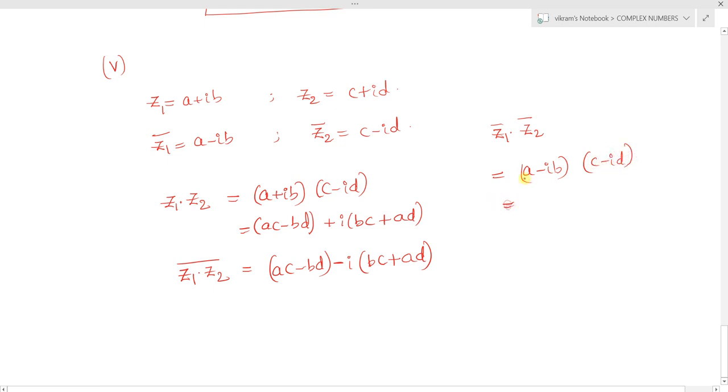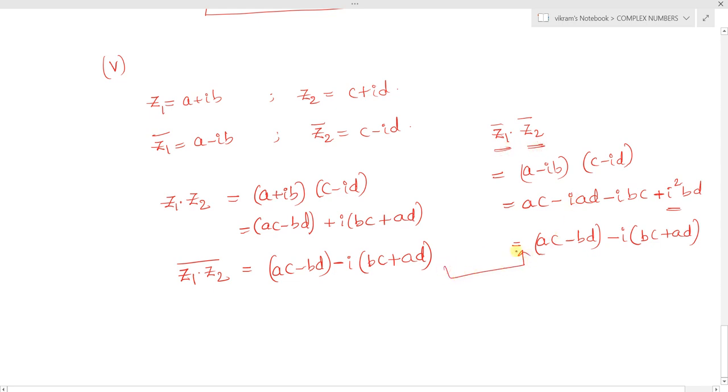If we perform the operation, we get ac minus i times ad minus i times bc, plus i square times bd, since minus into minus gives plus. Since i square equals minus 1, we can write the real part as ac minus bd, and if I take minus as common, the imaginary part is bc plus ad. So we are getting z1 conjugate into z2 conjugate.